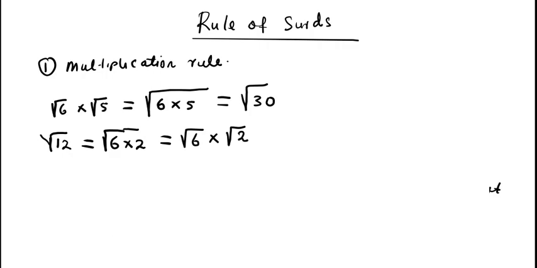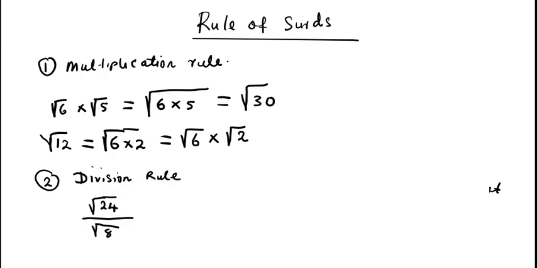Let's take the second rule, division rule. If we have square root of 24 divided by square root of 8, this is also the same thing as having only one square root.